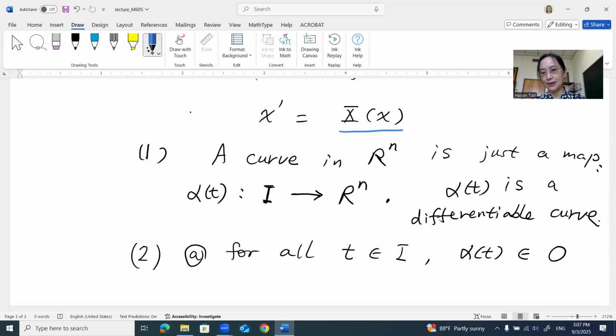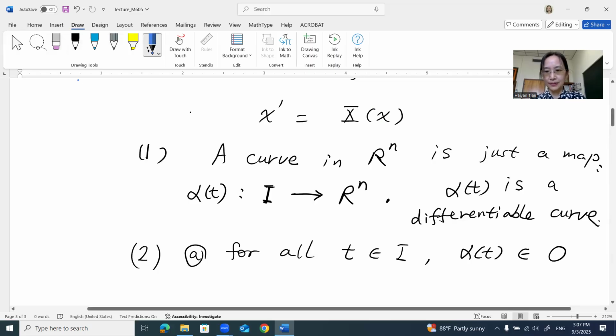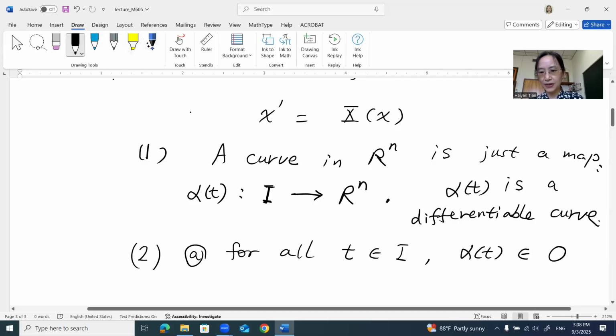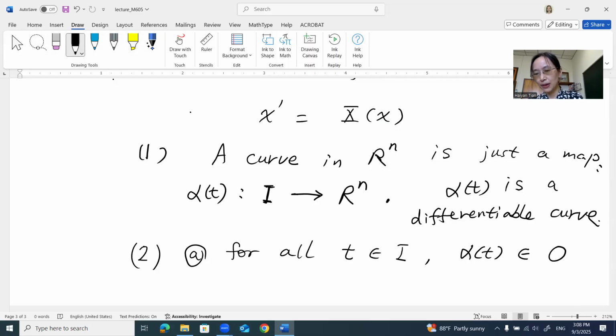Otherwise, the right-hand side is undefined. So we have to make sure that for whatever t, alpha at t is in the domain of the vector field, which is denoted by O, the open set. That's the condition for alpha to be a solution.